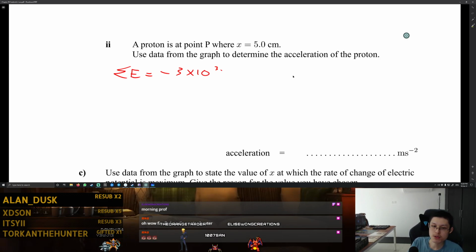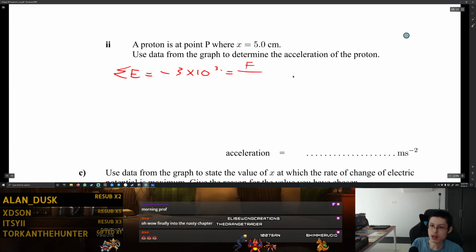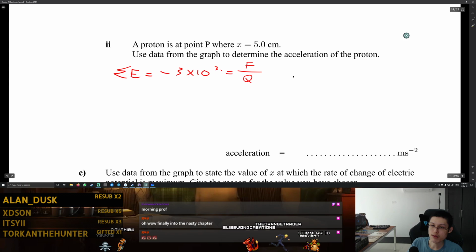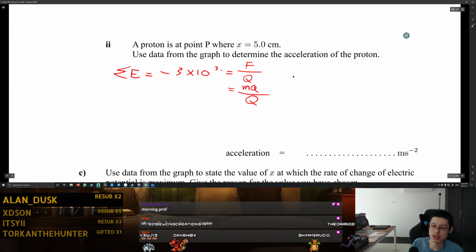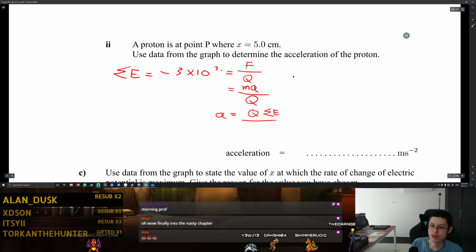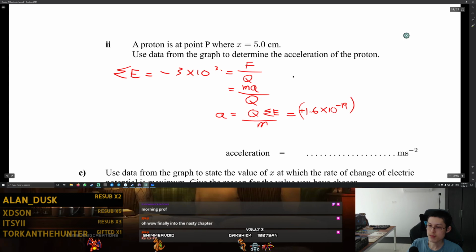So what is electric field strength? Electric field strength is force per unit charge, right? And force is actually ma, assuming your mass is constant, which it is in this case. So a is going to be Q times resultant electric field strength divided by m, the mass of the proton. So Q is the charge of a proton, which is positive 1.6 times 10 to the negative 19.